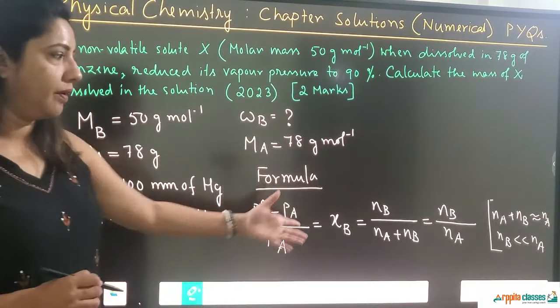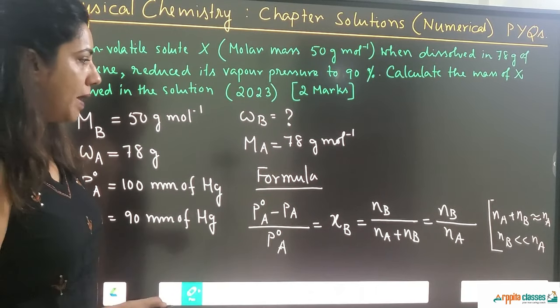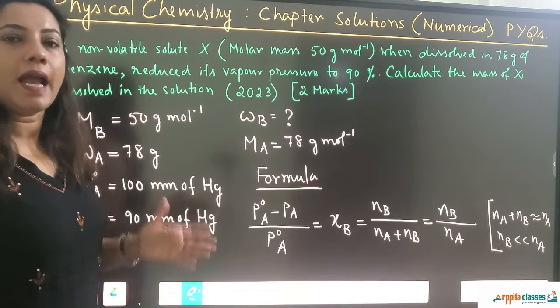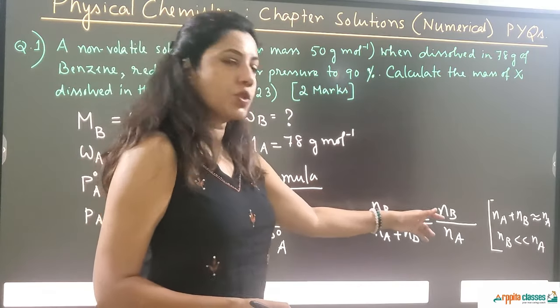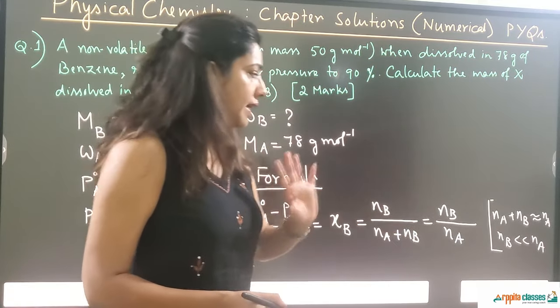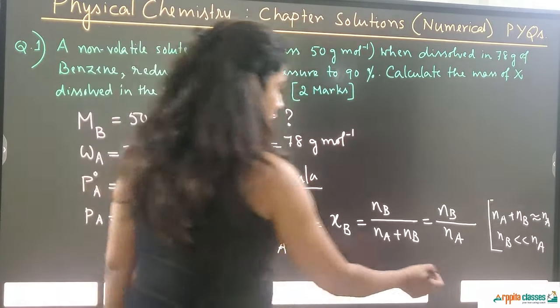I am showing you the derivation also, which will help you in the theory part. NB is the number of moles of solute, and NA is the number of moles of solvent.